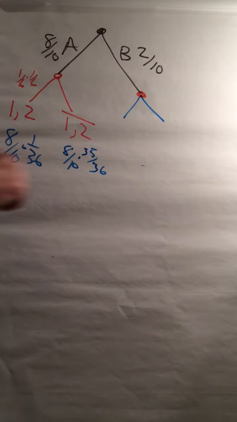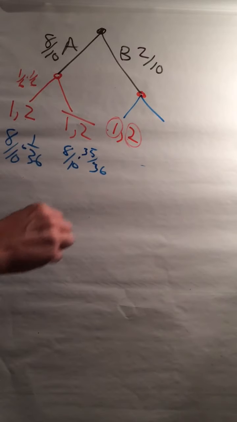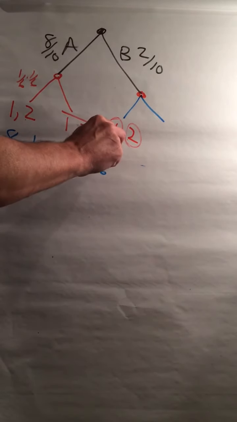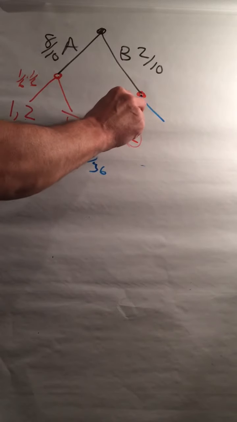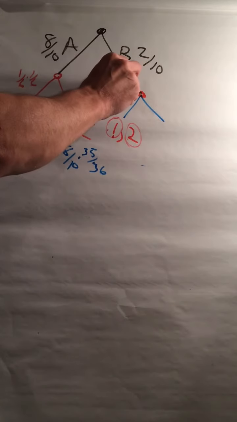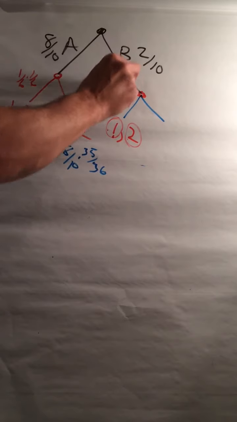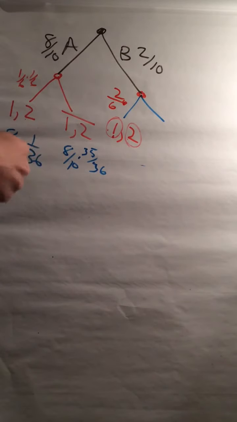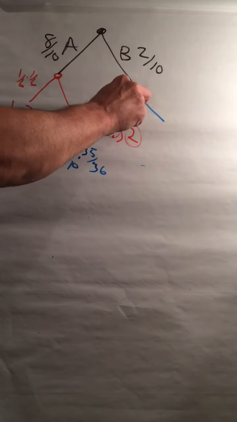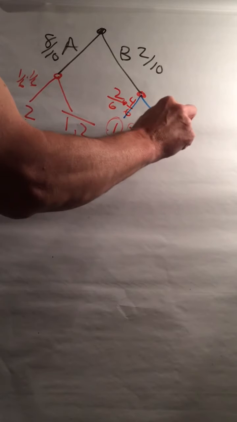Now here we do a 1. Flip the die. We get a 1 on the first try. Flip it. We get a 2 on the second try. So it's the probability of getting a 1 on the first try, given that it's coming out of the irregular, that's 2/6. And then the probability of getting a 2 on the second try is 4/6. And then this is 1, 2, not.